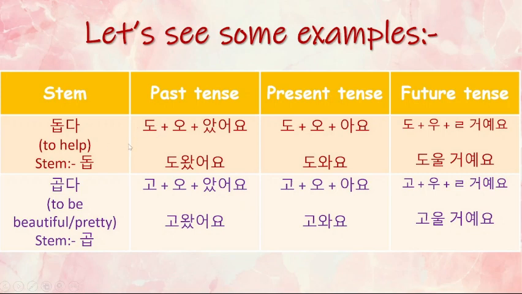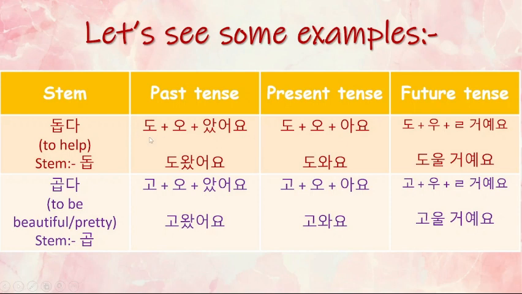Now let's learn the conjugation of 돕다 and 곱다 in the past, present and future tense to understand more clearly the concept of conjugation. Okay, first comes 돕다. Now the stem ends in ㅂ. So we know the rule that if the upcoming vowel is either 아 or 오, then this ㅂ will be removed and at the place of ㅂ what will come? 오. Okay. Here in the past tense you can see that the upcoming vowel is 아, 았어요.